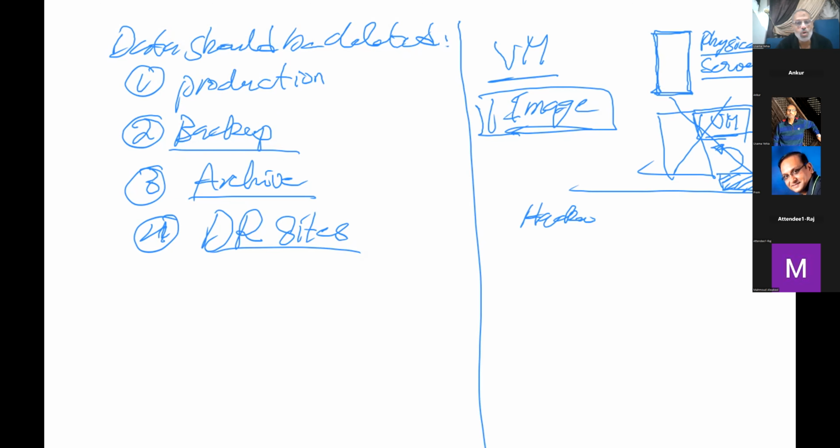Otherwise, the image will not be infected. But here, if the image is infected, khalas, it's over. Then the server will be infected. So it is very important to understand that although virtualization is great, it has some risks, where these files can be infected on the storage.